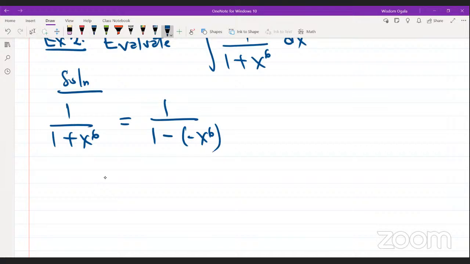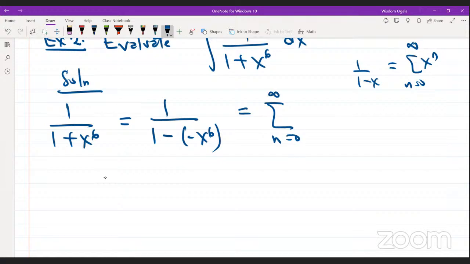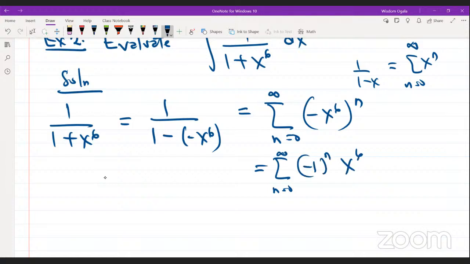Right? Now remember we have to start from the basic thing, right? This guy, the sum from 0 to infinity of negative x to the 6th, to the n, which I can even rewrite as negative 1 to the n, x to the 6n.